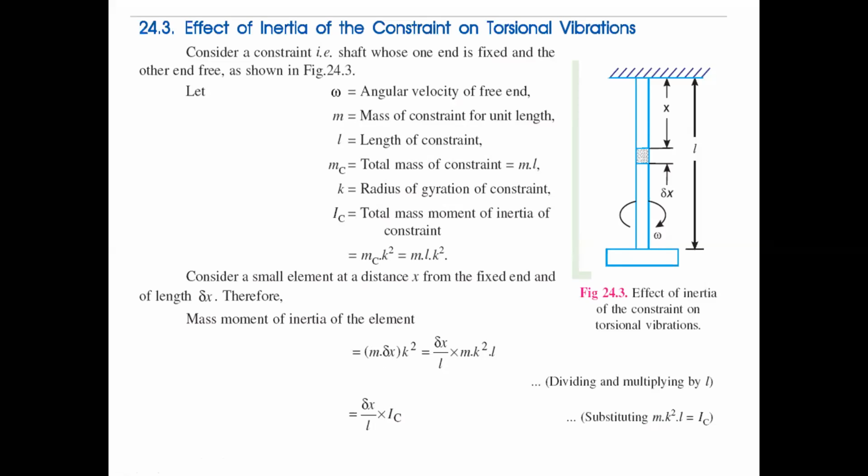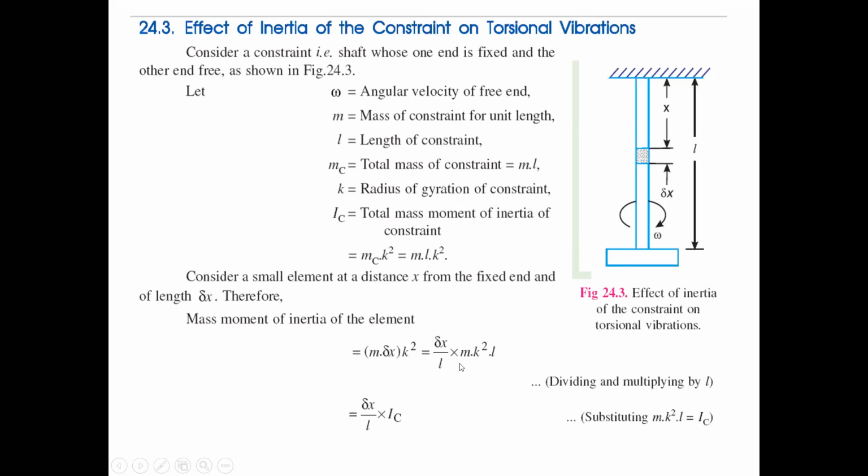When we are dividing and multiplying with the L, the equation changes to delta x by L into I suffix c, where I suffix c means M L k square.